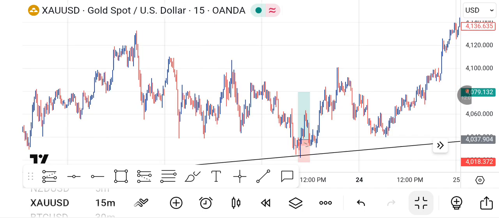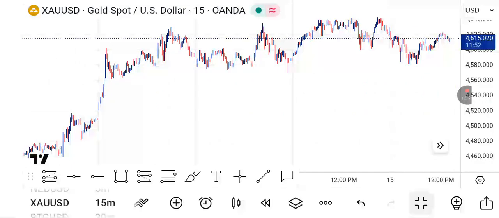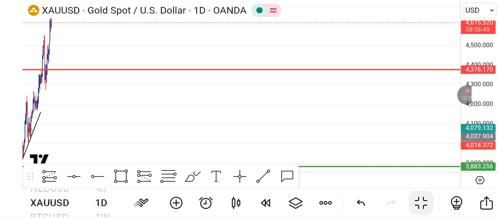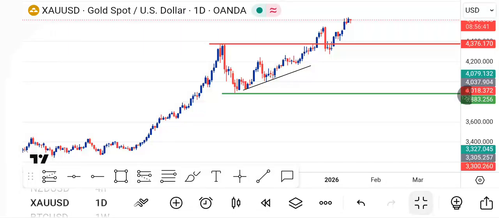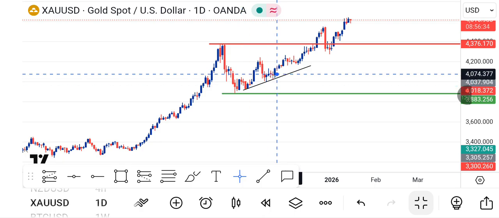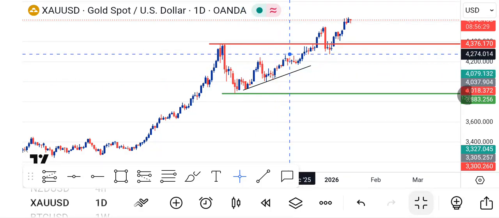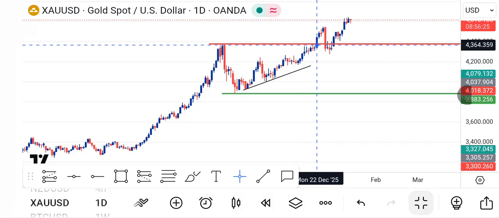Let's look at what's happening currently. Let's go back to the daily time frame. You see what happened? After moving in this manner, respecting the trend line, there's a little correction here. It moves up to this place.